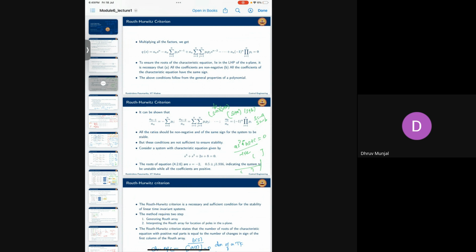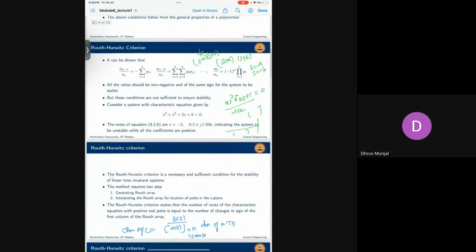Why is this unstable? Okay, right. So sometimes, with higher order polynomials, for example this s power 4 and s power 3 terms, you are looking for a condition that all coefficients are positive, right?